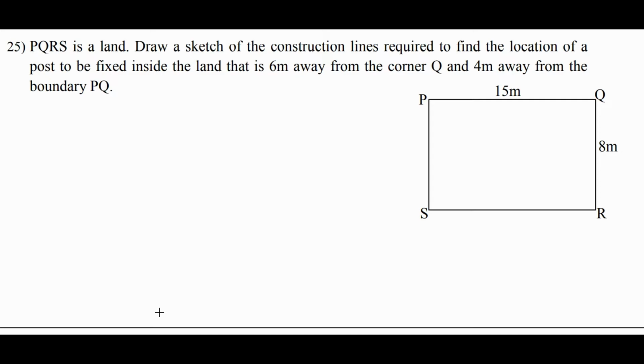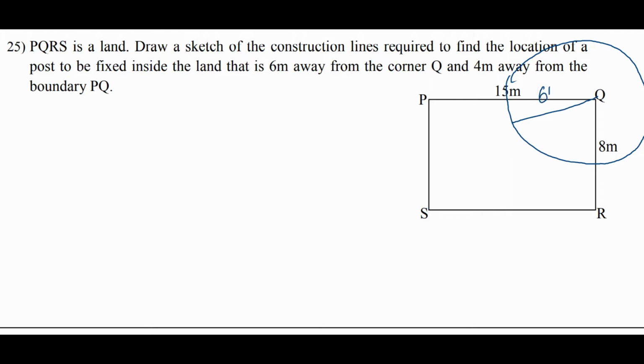Draw a sketch of the construction lines required to find the location of a post to be fixed inside the land that is 6 meters away from the corner Q. 6 meters away from the corner Q means we have to draw a circle of radius 6 meters, with center Q.